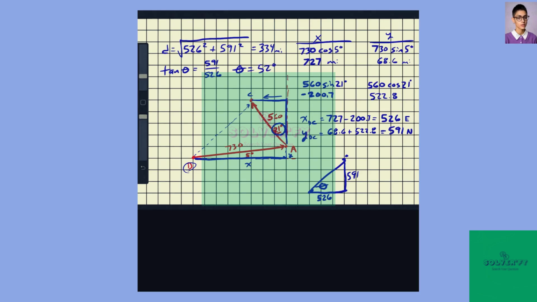And so our final answer for the entire displacement is 334 miles at 52 degrees. And that 52 degrees is upward from the right or north of east. And that is how you solve that problem.